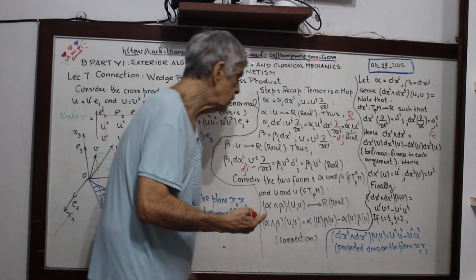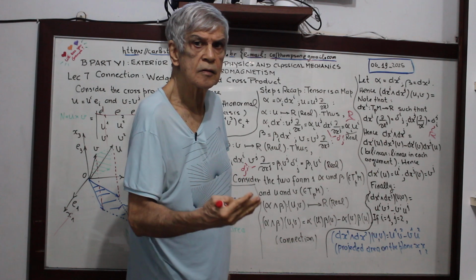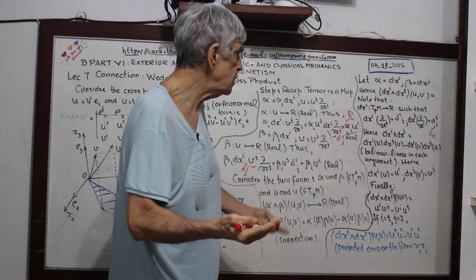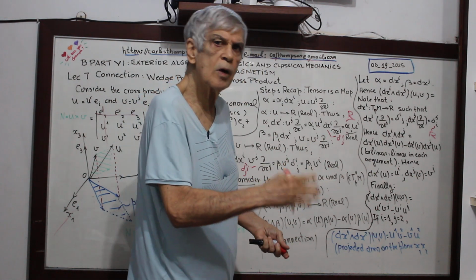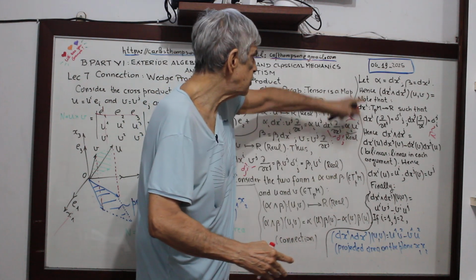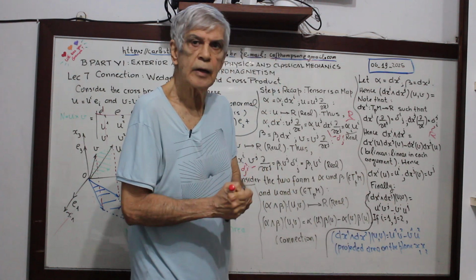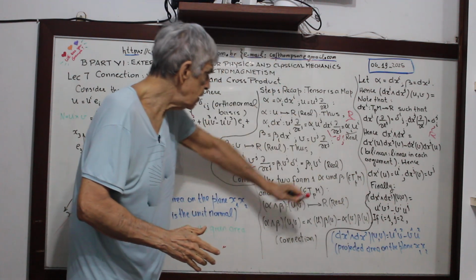So I could project in other planes. I just set, for instance, dx^1 and dx^3, or dx^2 and dx^3, and substitute, like the other projected areas. See, that's clear.